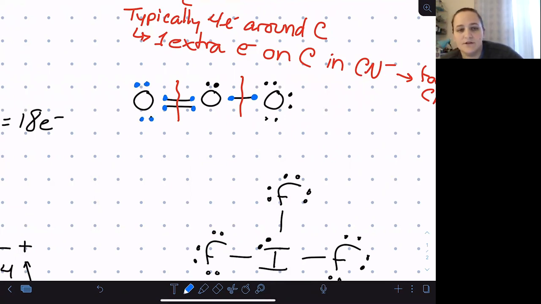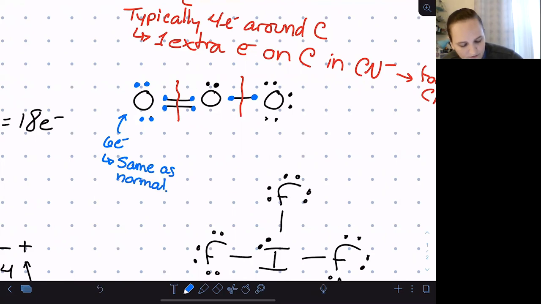So the first oxygen on the left gets 2 electrons from the bond, and it has 4 additional electrons around it from its lone pairs for a total of 6 electrons, which is the same as its normal amount. Oxygen atoms typically bring 6 valence electrons. So this is same as normal or typical, so our formal charge is equal to 0.